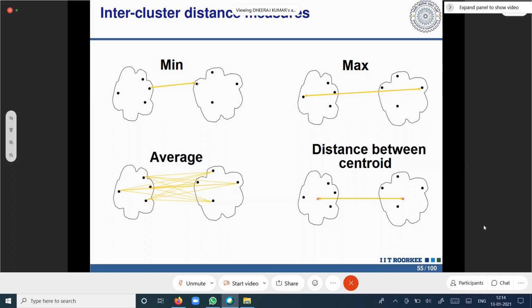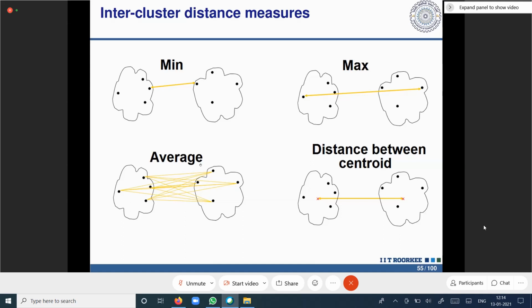What min does is called single linkage. Given two clusters, it finds the minimum distance between any 2 points. So this point is closest to this point, and this is the minimum distance between these two clusters. This is called the single linkage distance.